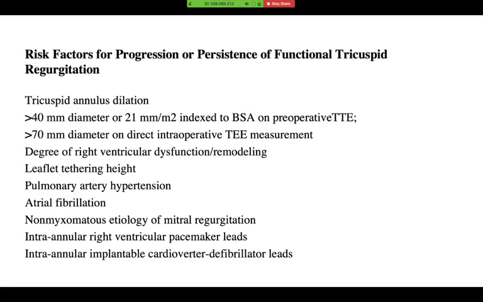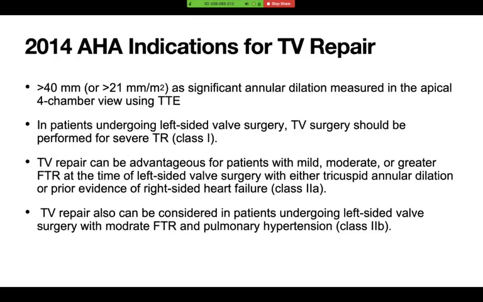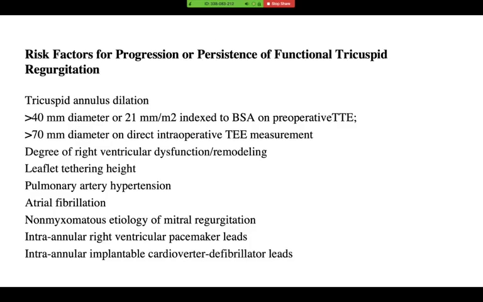Also if the patient has pulmonary arterial hypertension, AF, non-myxomatous etiology of mitral regurgitation, and intra-annular right ventricular pacing leads or implantable cardioverter defibrillator leads. If these indications are there, then they have chances of converting to severe TR.